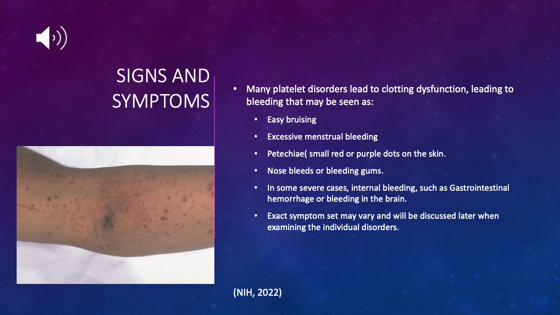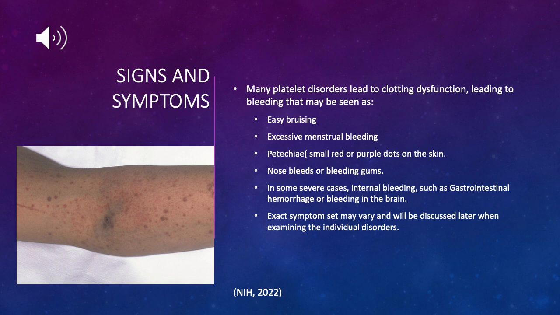Patients might notice that they get frequent nosebleeds or their gums bleed while brushing their teeth. They may notice intermittent blood in their urine or in their stool. In more severe cases, you could end up with pretty life-threatening internal bleeding, like a gastrointestinal hemorrhage where you're vomiting blood or having significant blood in your stool.